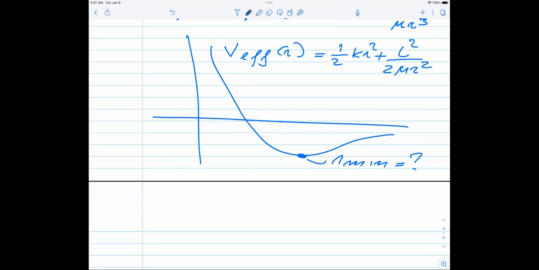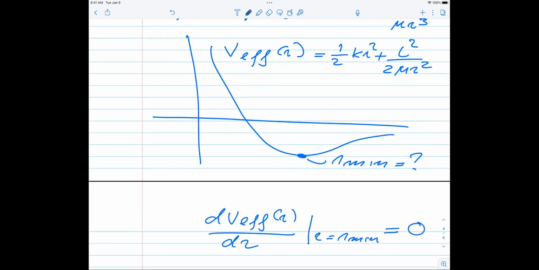So we take the derivative of that function, V effective, and then set that one to 0. And that should allow us to find the minimum. So what we want now is dV effective, this potential, over dr, at r equal to the minimum value, and we want that one equal to 0. So that's going to allow us to find the minimum value here. So let's just take 5 minutes and see if we can get the value.